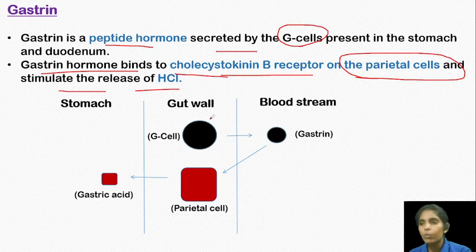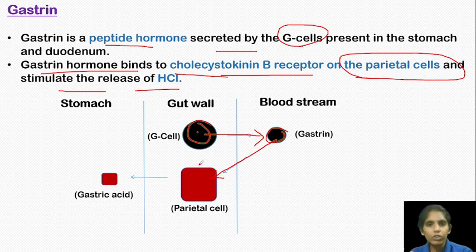So, these G cells, which are present in the gut wall, will release the gastrin hormone into the bloodstream, and this gastrin hormone will again re-enter into the gut wall and bind to the cholecystokinin B receptor present on the surface of the parietal cell, which will ultimately cause the release of hydrochloric acid. So that is the function of the gastrin. It will cause the release of hydrochloric acid from the parietal cells.